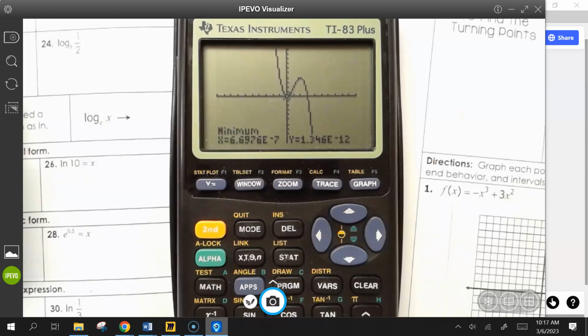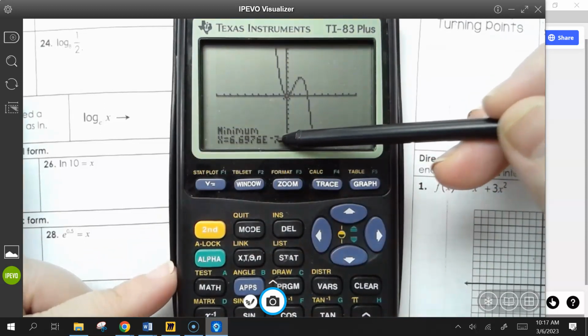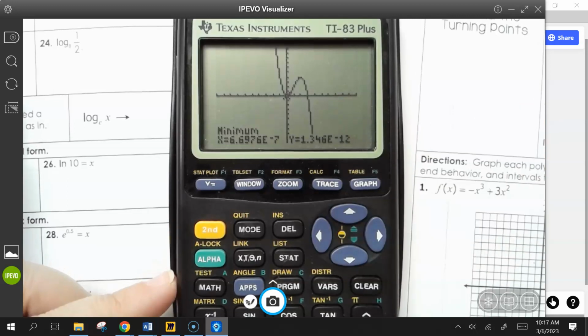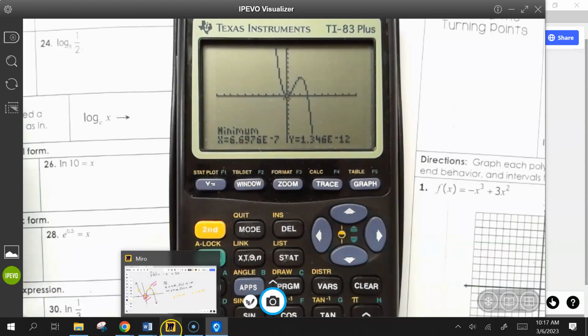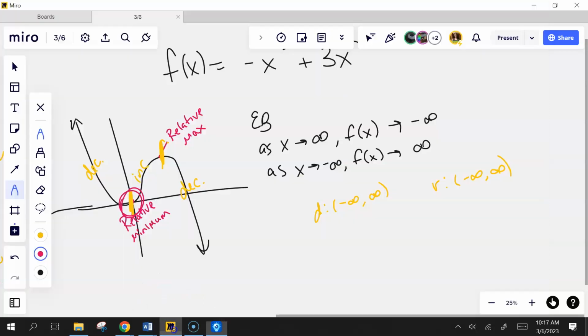So 0, 0. That's exactly right. I've got both of these, E to the negative 7, E to the negative 12. I'm going to call that 0, 0. If you've got a newer calculator, it probably went ahead and gave you 0, 0. So what I'm going to do is come over here and say that this minimum is at 0, 0. Very, very important.